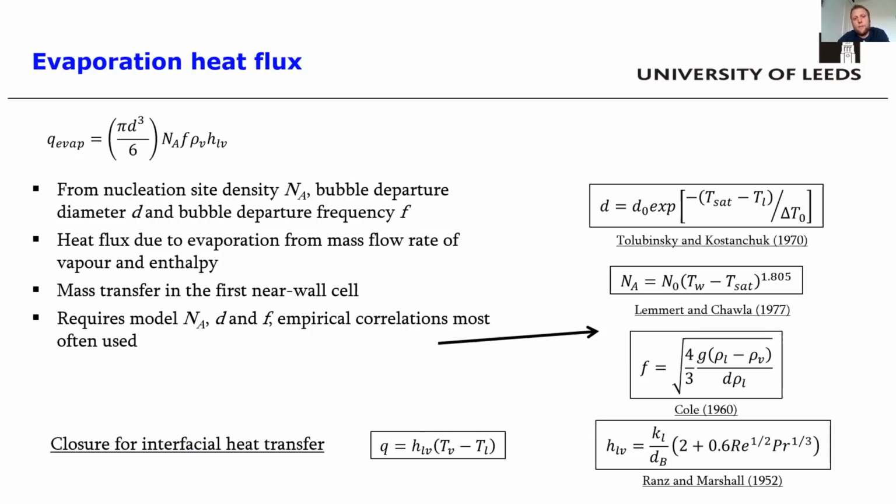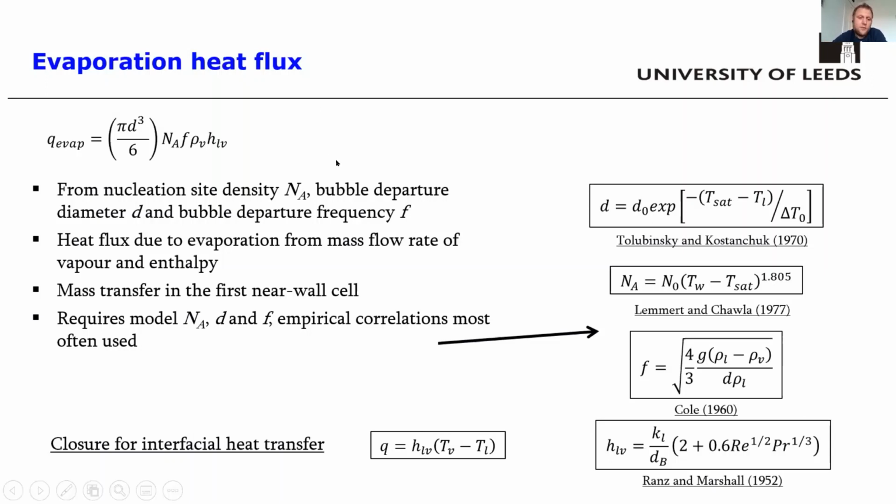So how big is the bubble when it detaches from the wall? And the bubble departure frequency, which is how frequently bubbles detach from the wall. Essentially the product of those three plus the bubble volume is essentially a heat flux due to a mass flow rate of bubbles multiplied by their enthalpy of evaporation.